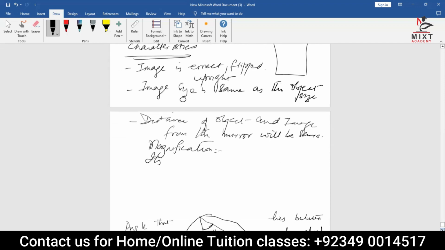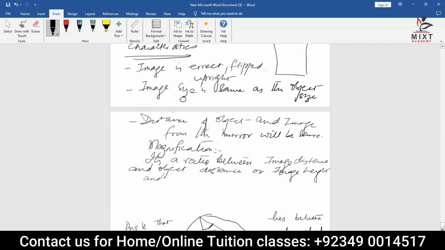It's a ratio between image distance and object distance, or image height and object height.